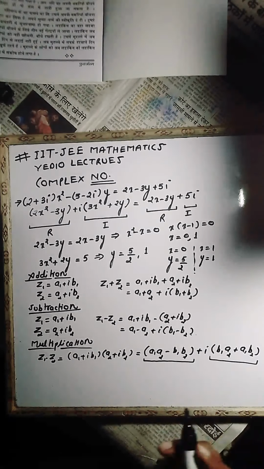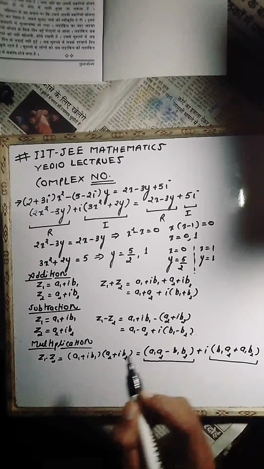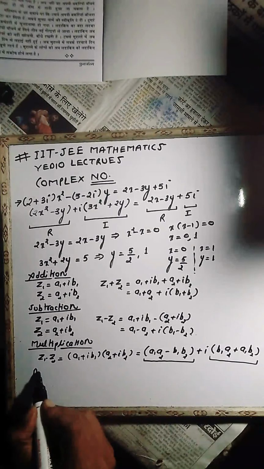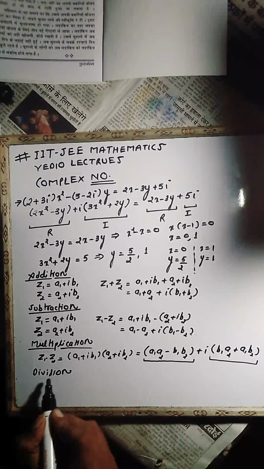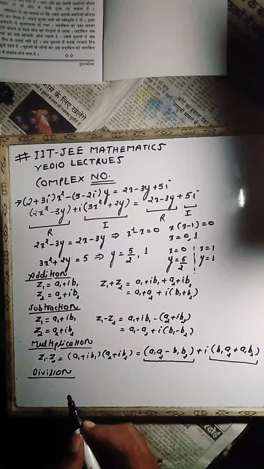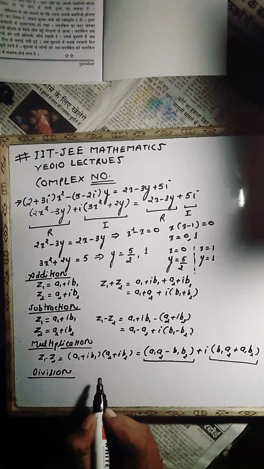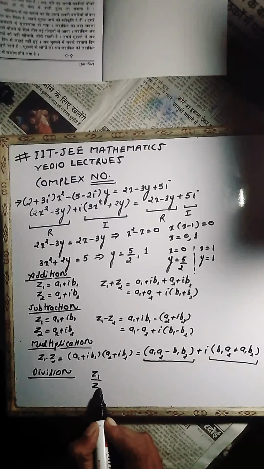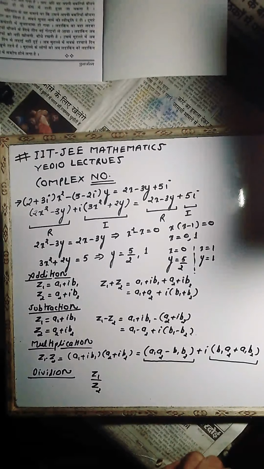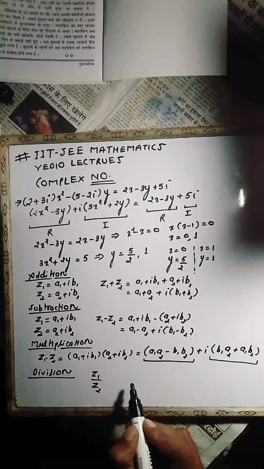And also the last one, so it's your homework. You find what will be the expression for z1 upon z2. Okay, so it's your homework.